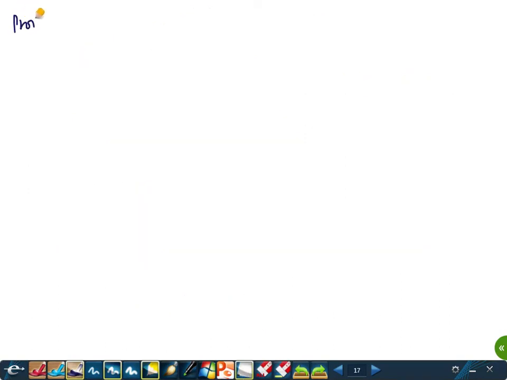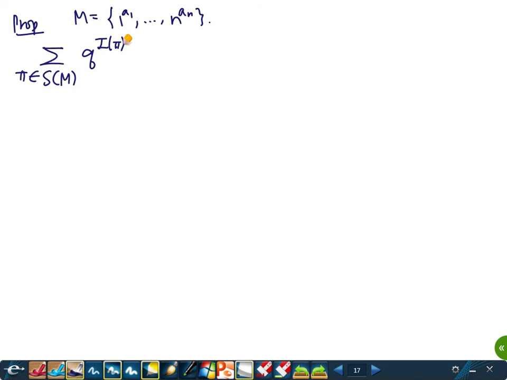Proposition. M is this. Then the sum over all permutations of this multiset of q to the inversion is equal to the q-multinomial coefficient.